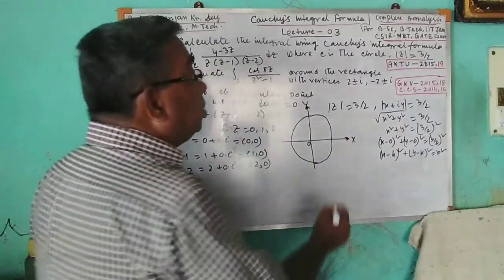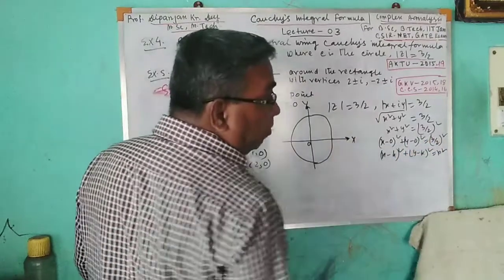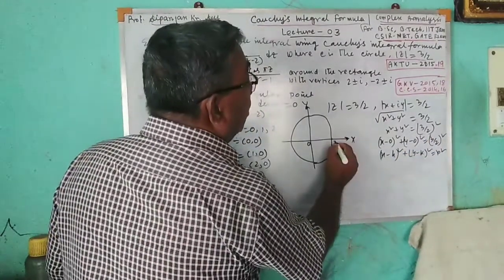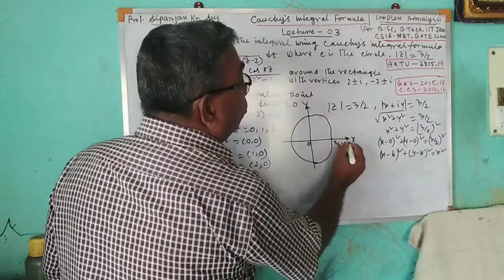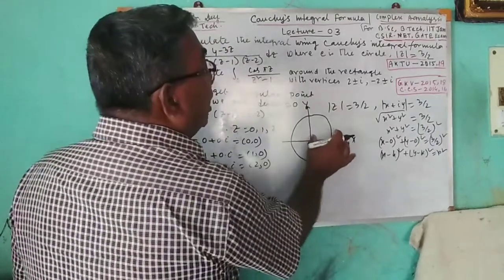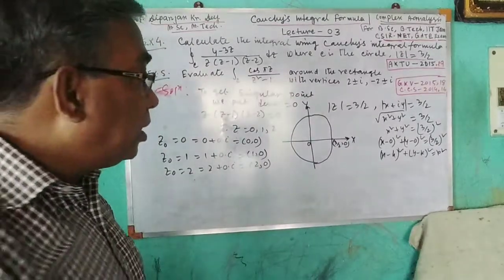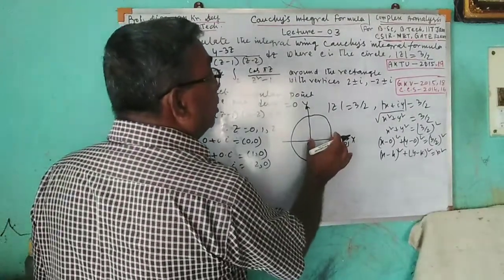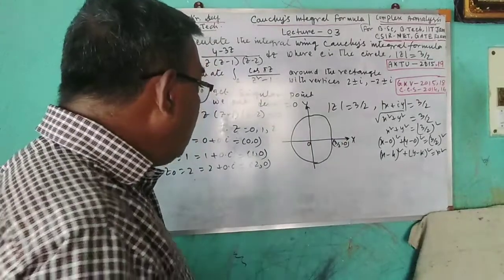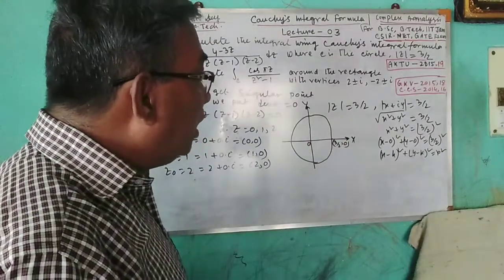Now what is this point? Because the radius is 3 by 2, this point is (3 by 2, 0). So this length is 3 by 2. Now you see, after getting this, this is a closed curve.